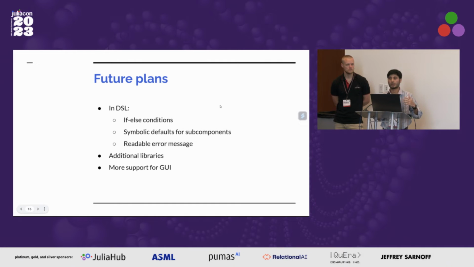So if you have your own library, then do add it and try it out and give us feedback on what the GUI should look like for your particular library. And if you have any components in mind, then just add them to the standard library, and directly that will be part of the GUI.